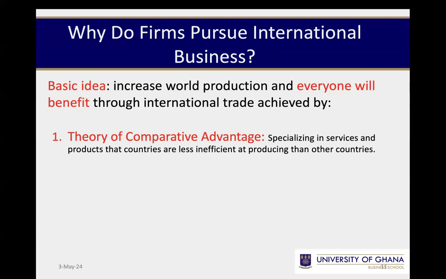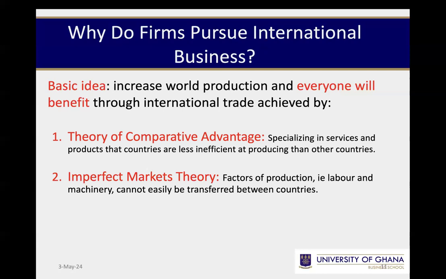Because they can produce that particular commodity or service at a much cheaper rate compared to all others, that service or product will come to the global market at a cheaper rate, which then means that everyone will benefit from a cheaper service, as opposed to that service being produced by a country that is not so efficient, and so would come out as costly.